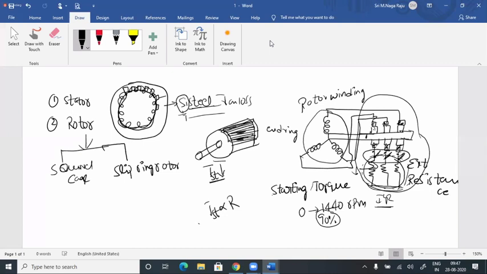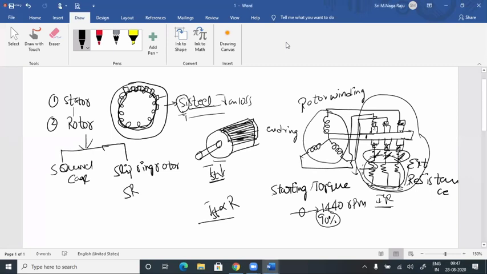Whether we use squirrel cage or slip ring is decided by the application. Based on the requirement, we have to choose a squirrel cage motor or slip ring motor. I already told you in the last topic or last class also, where we require high starting torque, we use the slip ring induction motor.